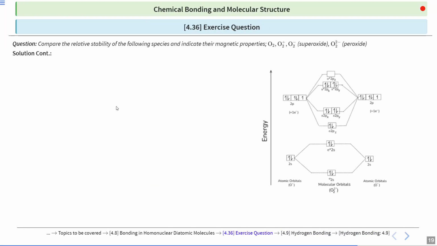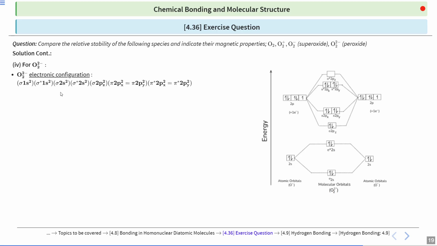Then moving on to the O2 2 minus. For it, there will be addition of 2 electrons in the normal O2 molecule. So pi star 2px will have 2 electrons and pi star 2py will also have 2 electrons. Therefore, we get our configuration, a change in the pi star molecular orbital.